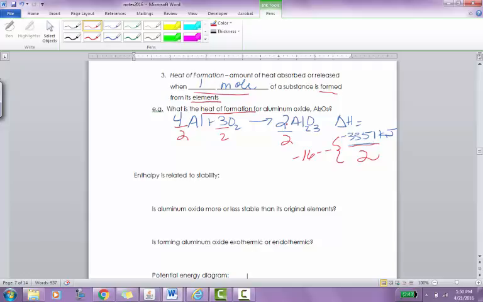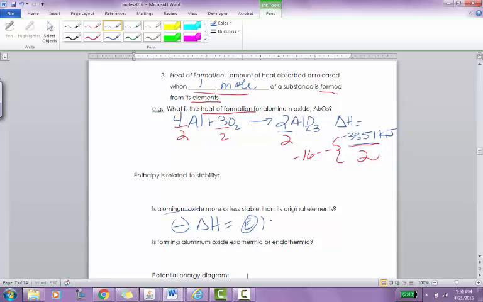We talked a little bit yesterday about energy being related to stability. So enthalpy and stability, if energy is released, then that means that you have more stable products, right? So if we look at this equation we were just talking about for aluminum oxide, is aluminum oxide more or less stable than its original elements? Well, a negative enthalpy change means that energy is lost.